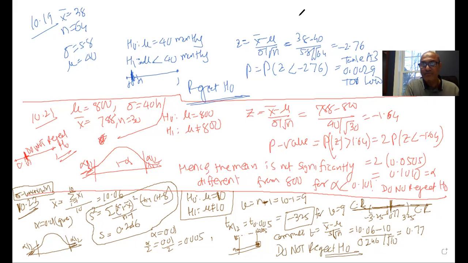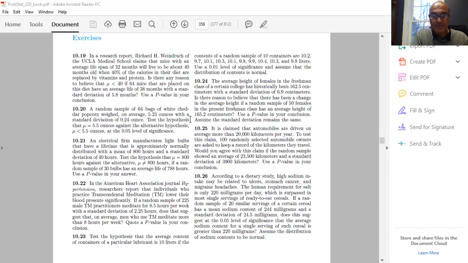Let me save this file and clear this window. Now I would like to go to the book again. Which example can we go for, either 10.26 or 10.27?